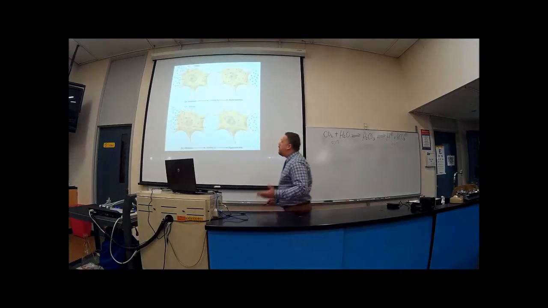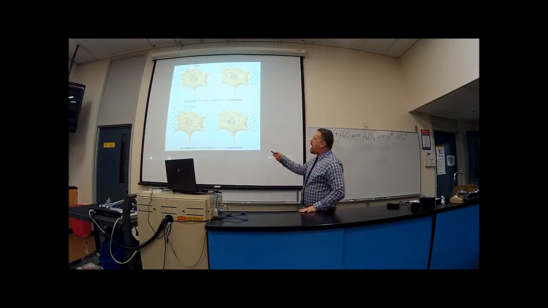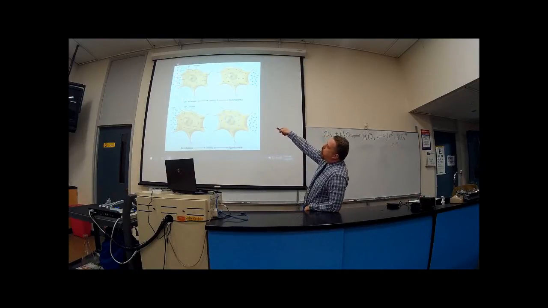And this is just showing you the same thing I just said. Acidosis, all right, these dark purple balls over here are hydrogens, and the light balls over here inside the cell are potassium.